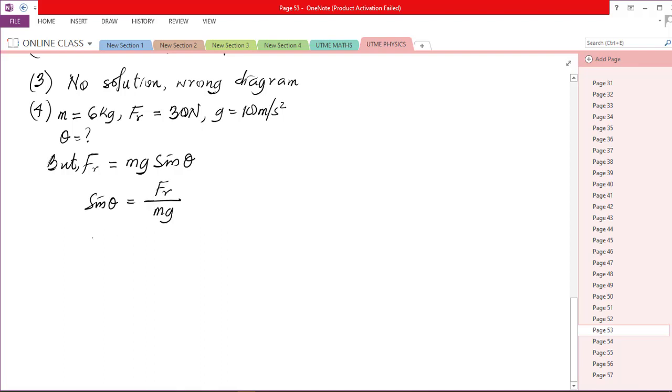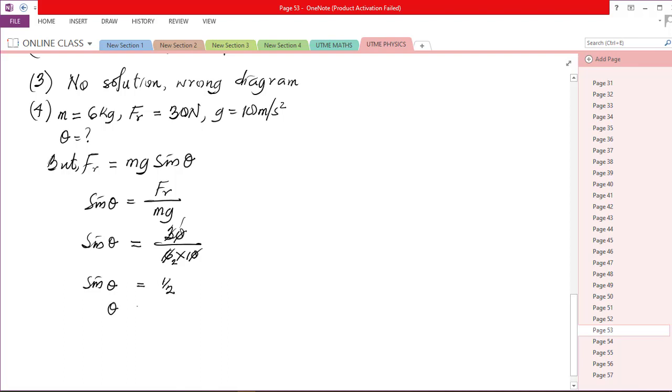Over mg. That is, sine theta is equal to Fr, which is 30, all over 6 times 10. 0 cancels 0, 3 here 1, 3 here 2. So we have sine theta equals half.